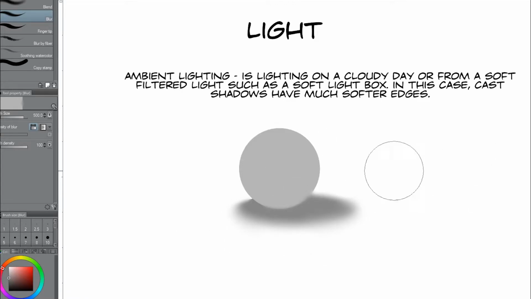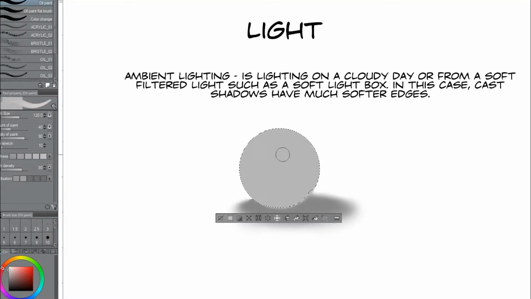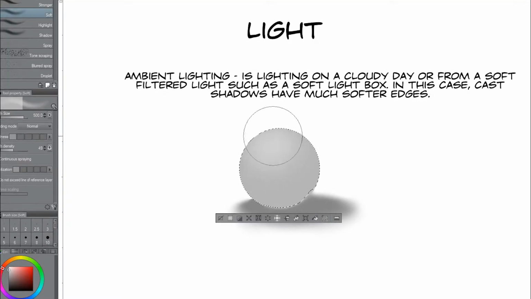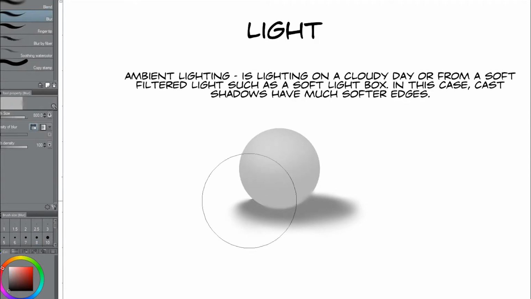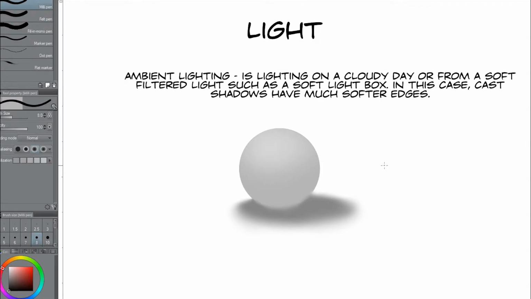And the other aspect of having ambient light is your tonal value isn't as extreme. It's less contrasty. The light areas would not be very light and the dark areas would not be as dark. Everything is kind of mid-tone and very soft looking.